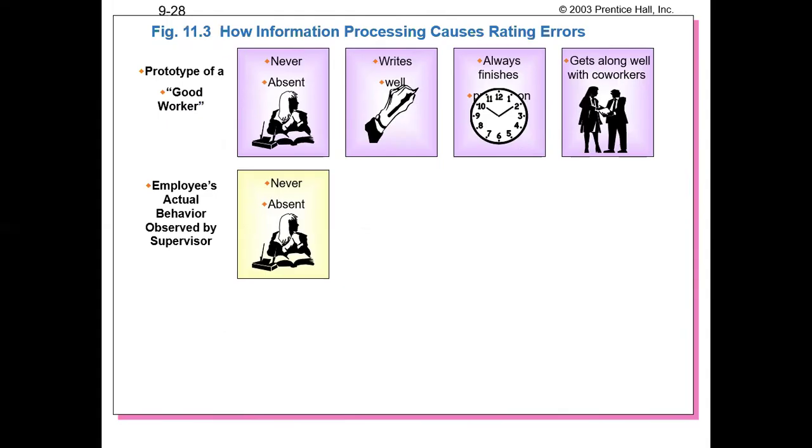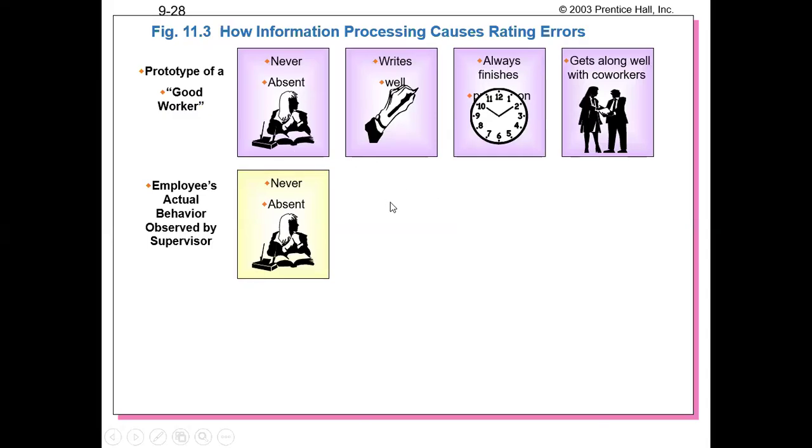So how information processing can cause rating errors. The person has never been absent, so you write, well, the person always finishes his job and gets along with everyone. Because of that, you are going to use that to rate all these other aspects.